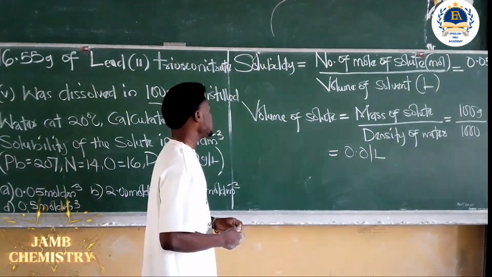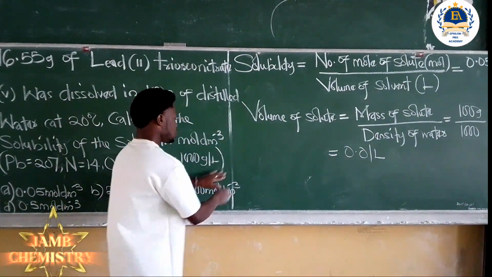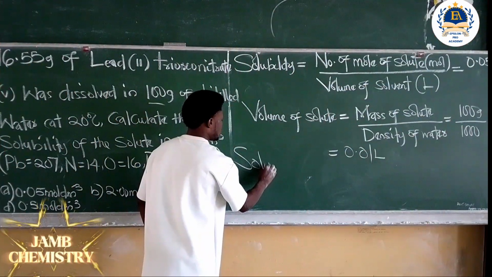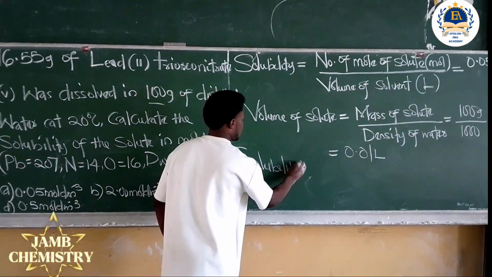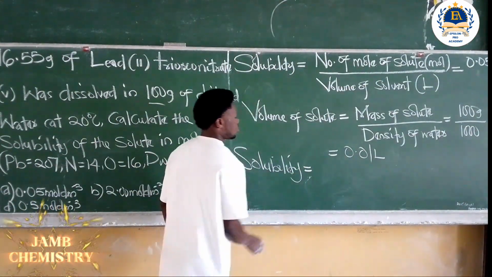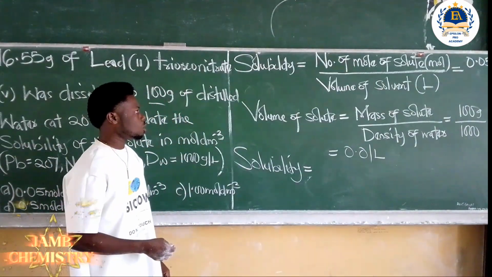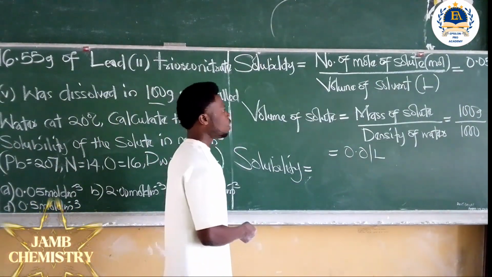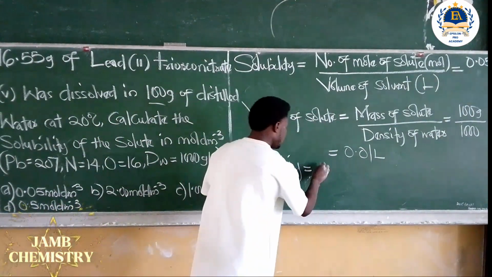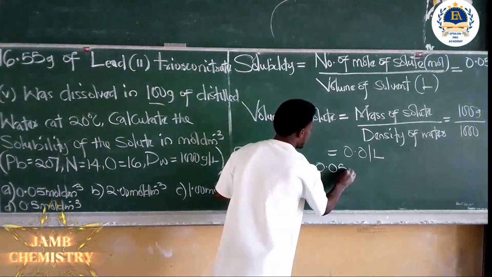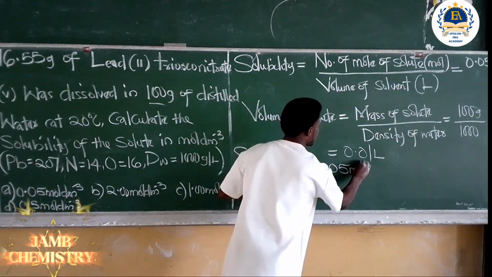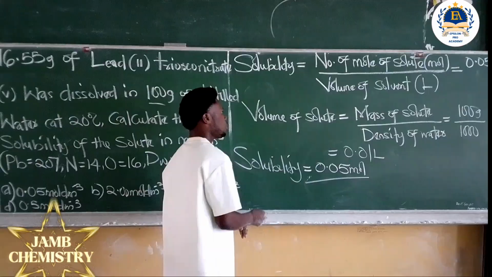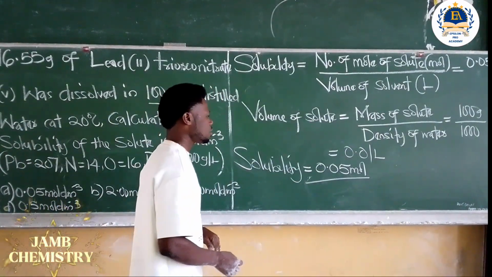So at this point, you are going to determine the solubility. Solubility is equal to the number of moles of solute, which was given as 0.05 mole, divided by the volume of solvent in liter.